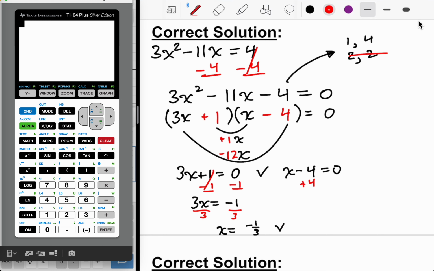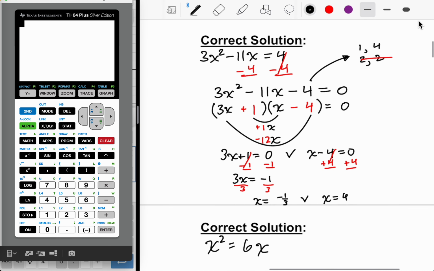Add 4 to both sides, and we're looking at x is equal to 4. All right, so that's one solution.